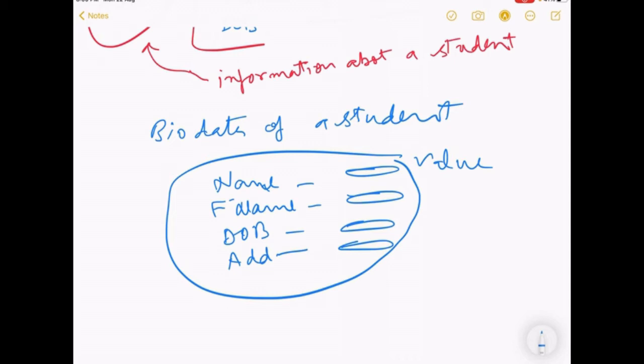So biodata has values about name, father name, date of birth, and the other values.